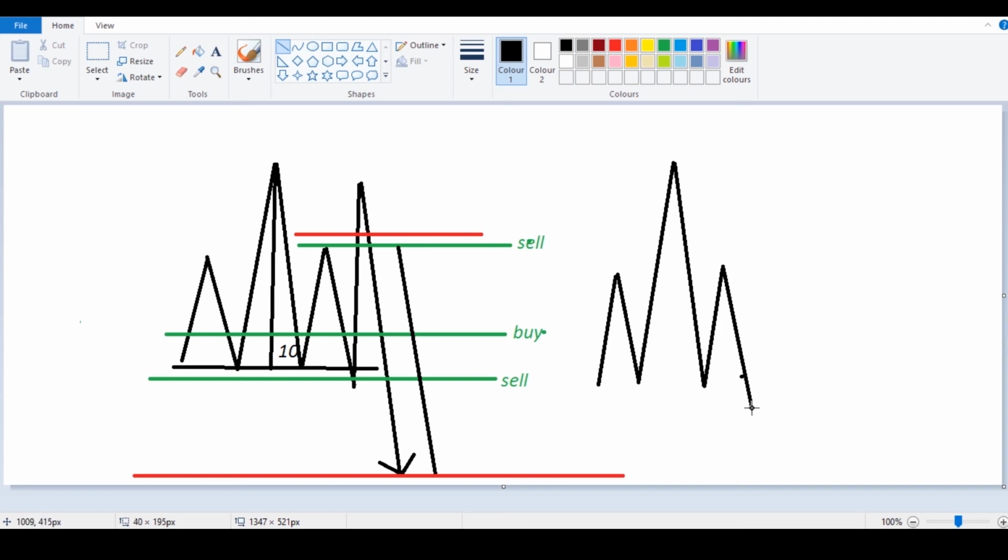So if you are triggered and price goes up and passes your head, close your trade and accept the loss. Unless you have studied your currency pair and you know that on this specific currency pair, it does this and I can expect it to come back down again. But if you do not know that, once it passes the head of your head and shoulders pattern, accept the loss and let it go.